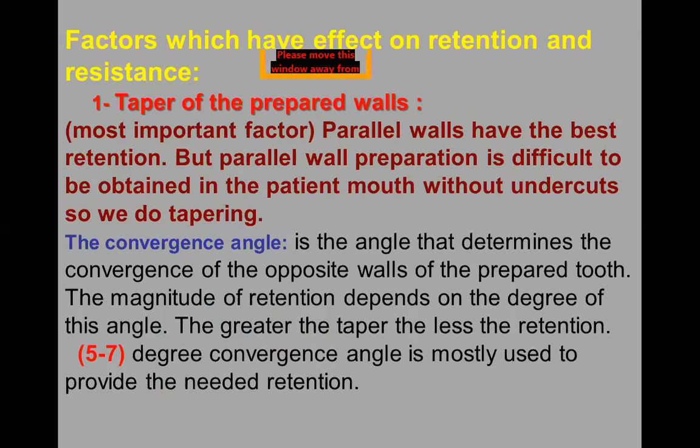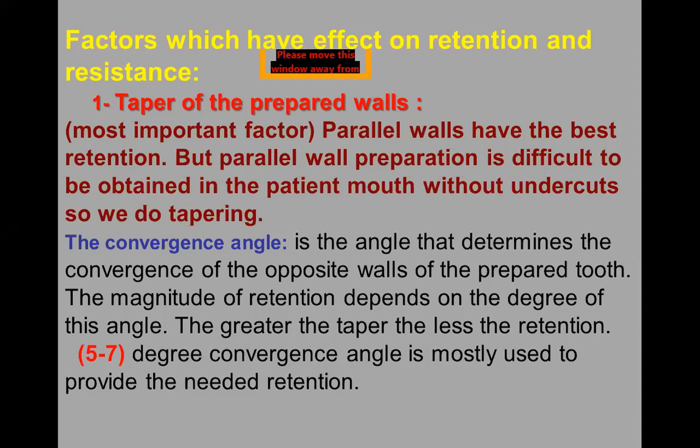As we said, parallel opposite walls of the preparation will give me the best retention of the restoration. But parallel walls, or a parallel preparation, are difficult to obtain in the patient's mouth without an undercut present in the preparation.